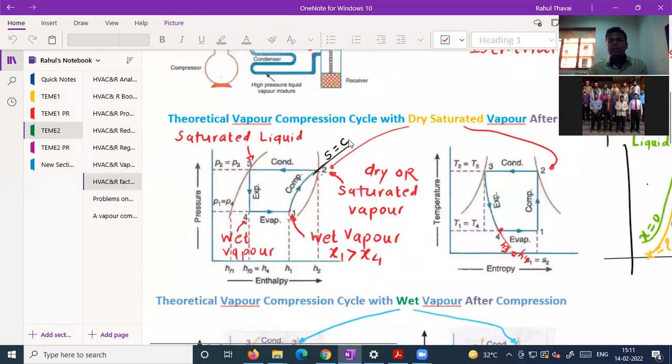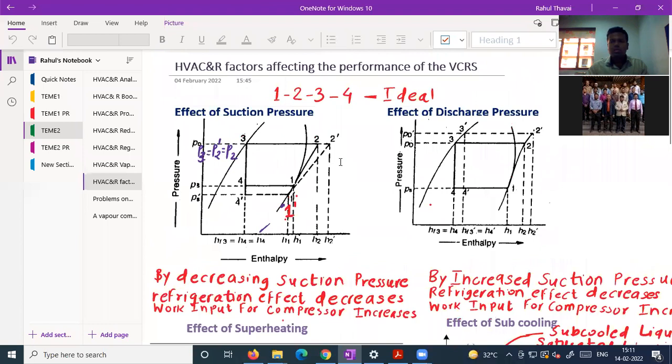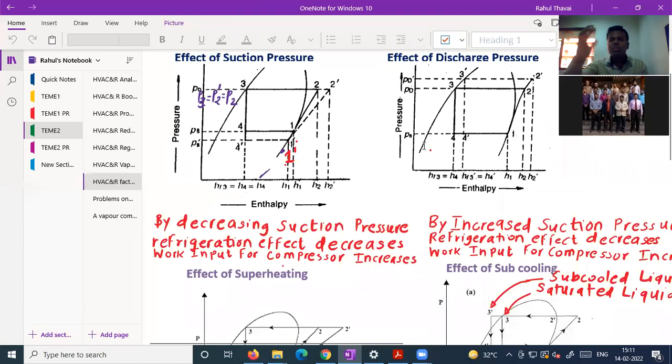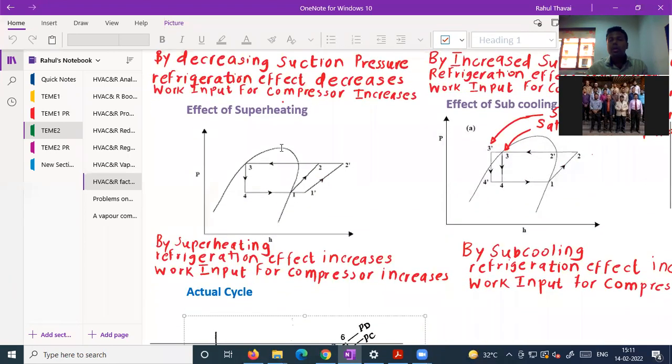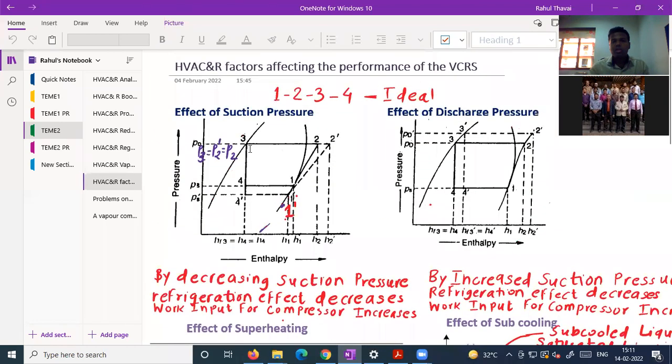Followed by that we have seen the different factors which affect the performance of the vapor compression refrigeration system. If you ask me to summarize, if you decrease the suction pressure, COP decreases.